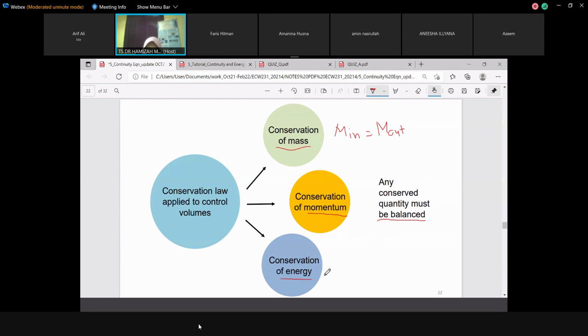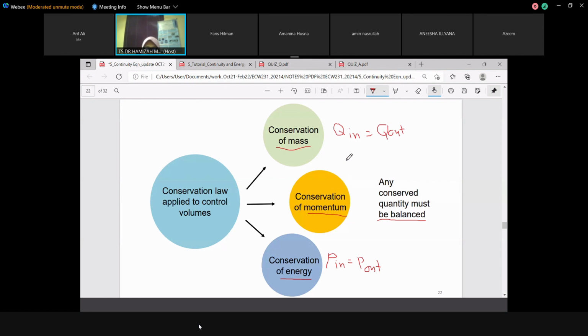So, energy related to pressure. So, pressure in is equals to pressure out. Okay, mass ni saya tukar sikit sebab mass ni sebenarnya related to flow rate tadi, Q. Okay, so it is Q in is equals to Q out.